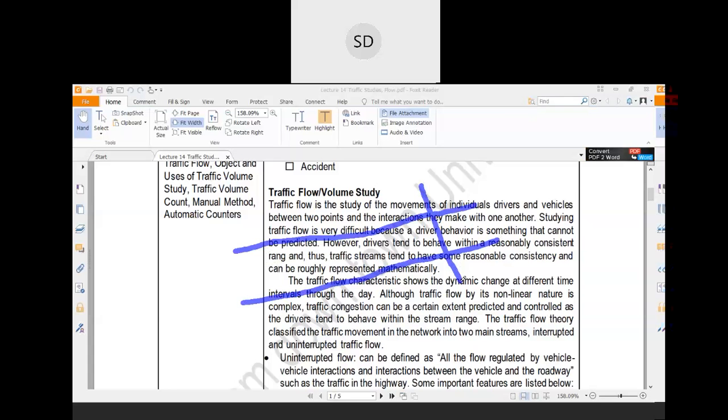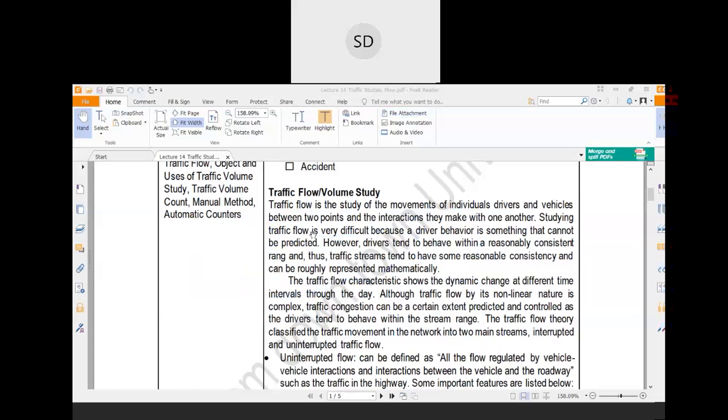So your traffic flow is the number of vehicles which pass that particular section in unit time. Generally it is expressed as vehicle per hour. Vehicle per hour means how many vehicles pass that particular section of the road in 1 hour. So that is traffic flow.